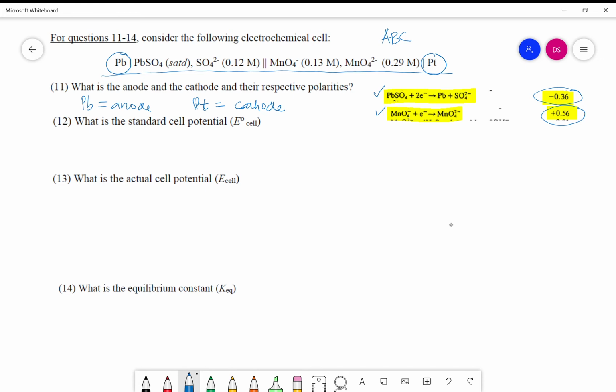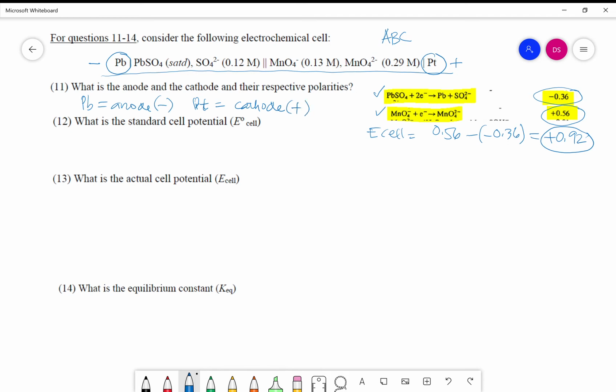So if the manganese is 0.56, the way it is written, E cell is 0.56 minus 0.36, right? And that is actually positive 0.92. So that means this is a galvanic cell. And if this is a galvanic cell, then the anode is the negative electrode and the cathode is the positive electrode. So anode is negative, cathode is positive.